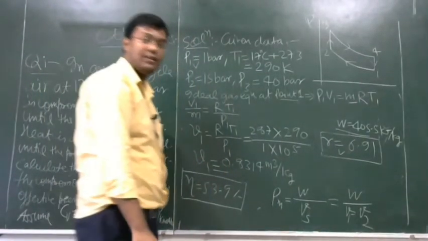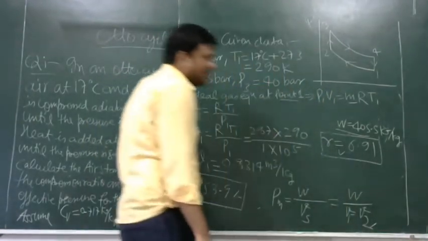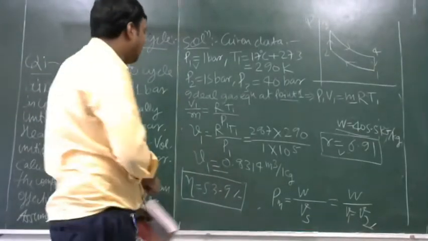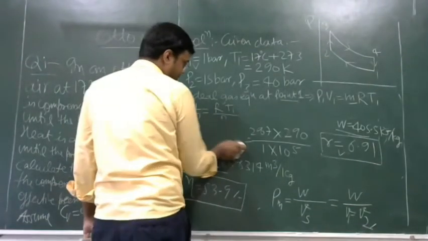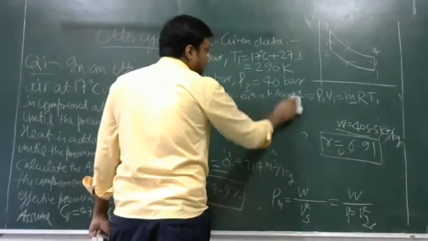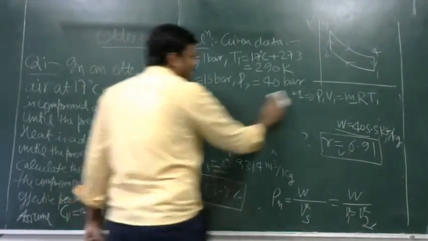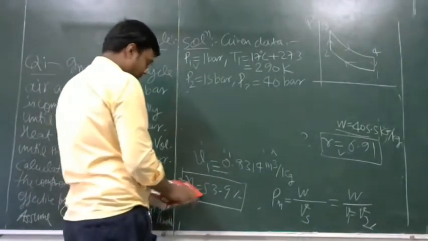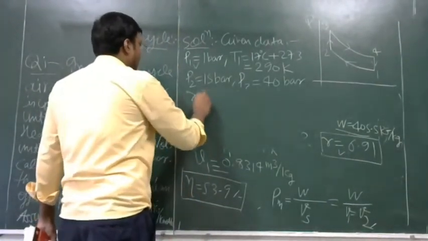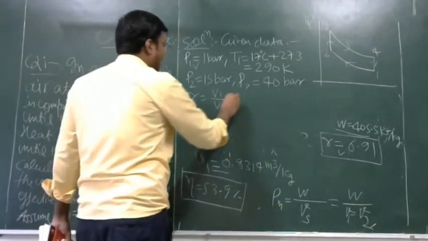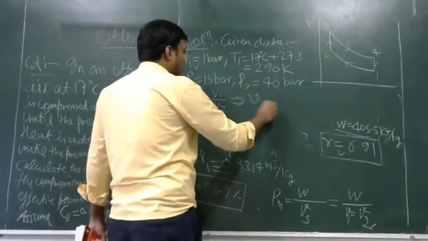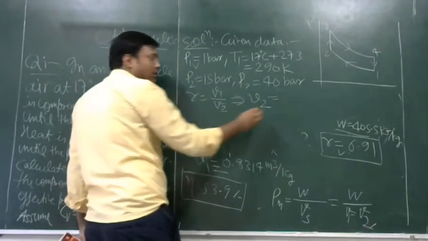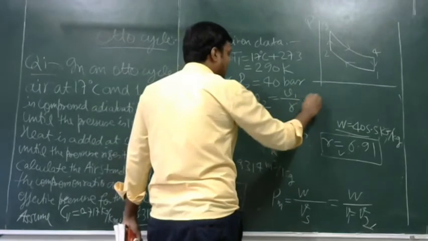Now we need to find the value of V2, which we can calculate easily because we know the compression ratio r, where r equals V1 by V2. So V2 equals V1 divided by r.